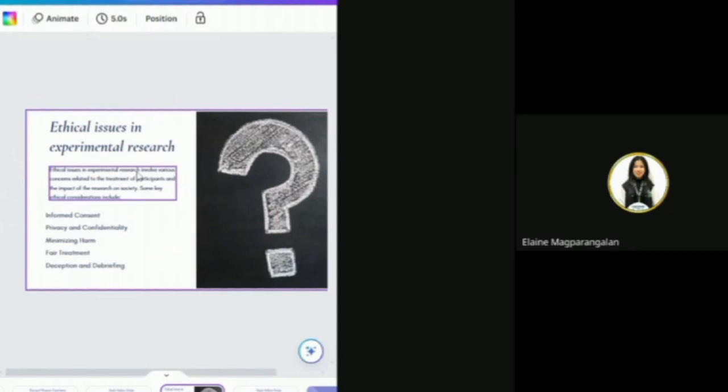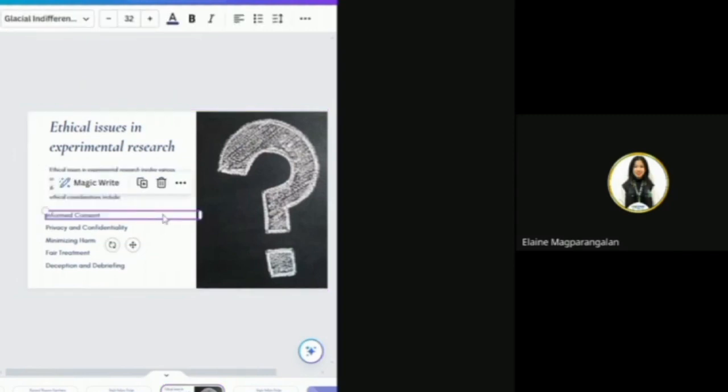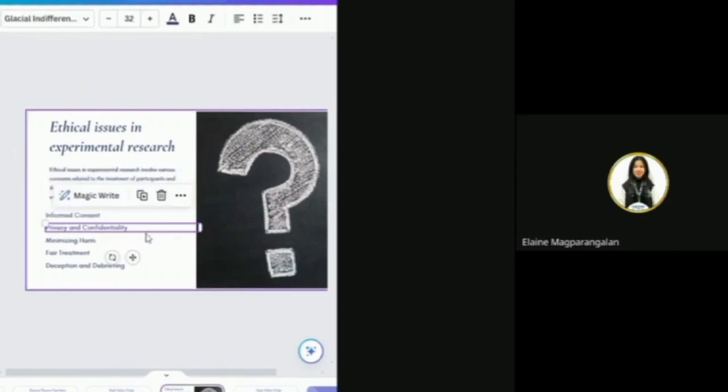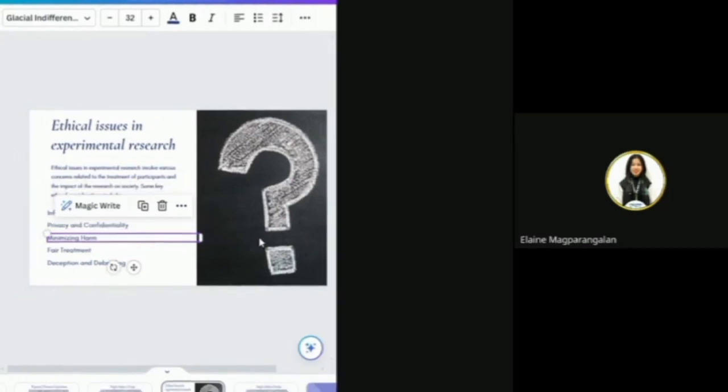Ethical issues in experimental research involve various concerns related to the treatment of participants and the impact of the research on society. Some key ethical considerations include informed consent. The second one is privacy and confidentiality. The third one is harm and the risk, or minimizing harm.